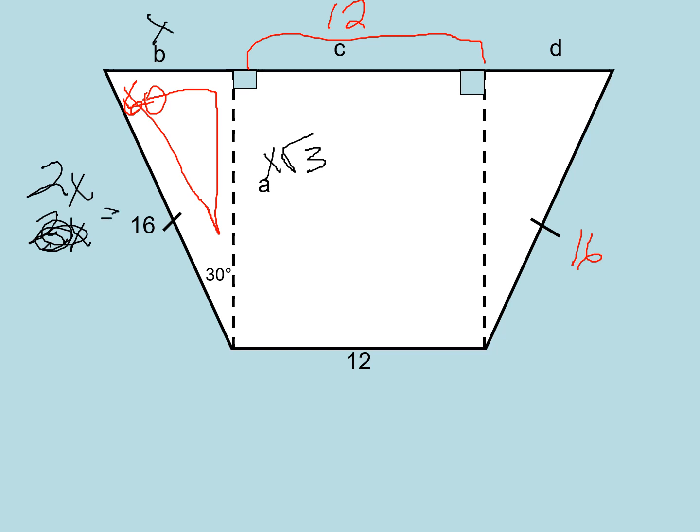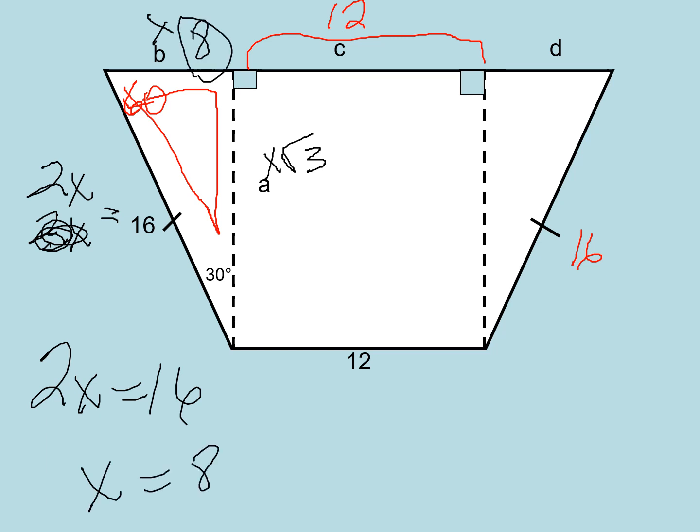So if 16 is the 2x for the hypotenuse, then x is going to be 8. All right? And then you could plug that 8 in, and it would be 8 square root of 3. Remember how those work? Maybe. And then D would match, so that'd be 8 up at the top. So if you got one like that on your work, practice.